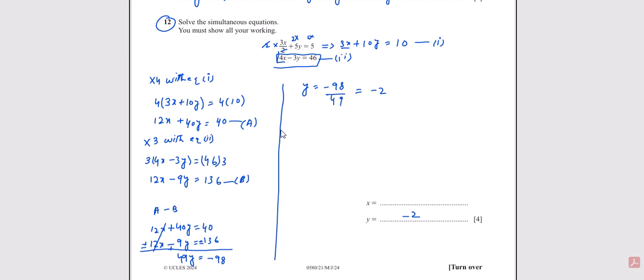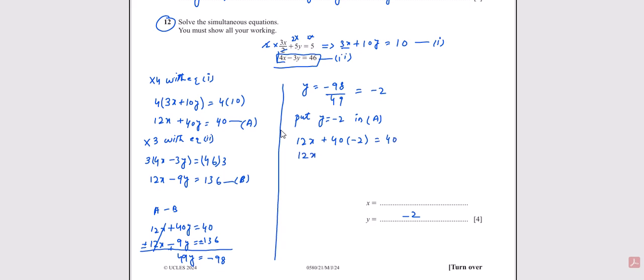So if we put this in equation a, put y is equal to minus 2 in equation a. So 12x plus 40 into minus 2 is equal to 40.